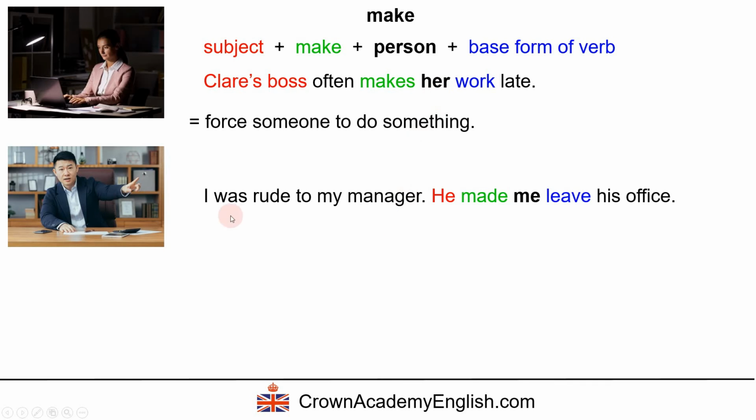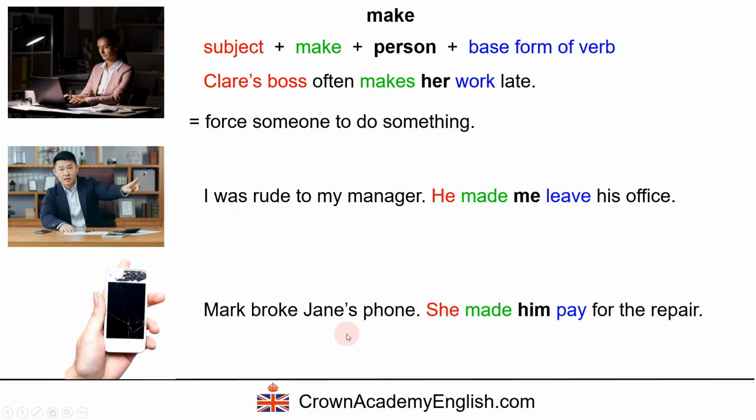Example: I was rude to my manager. He made me leave his office. So he forced me to leave his office. He's pointing at the door, get out. Mark broke Jane's phone. She made him pay for the repair. So she forced him to pay for the repair.